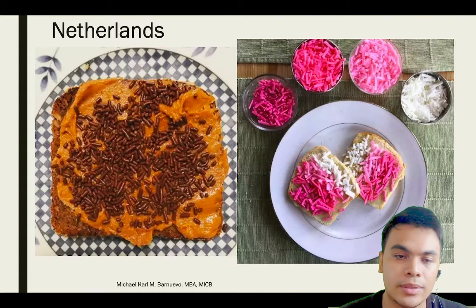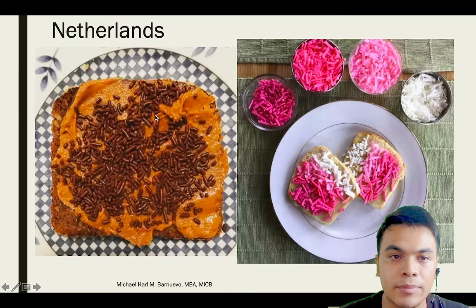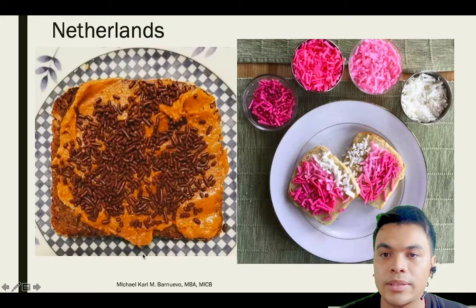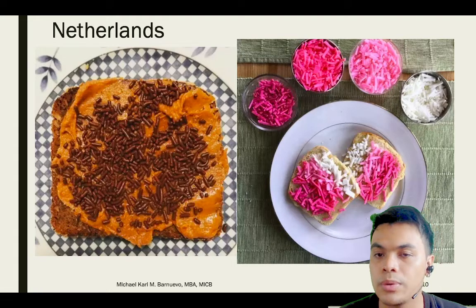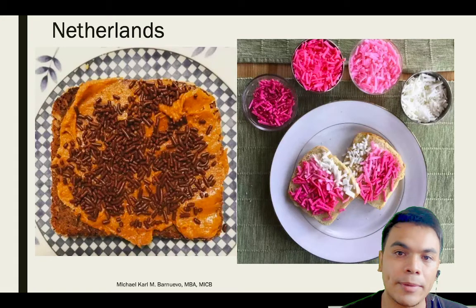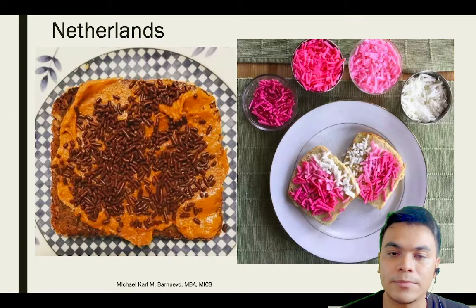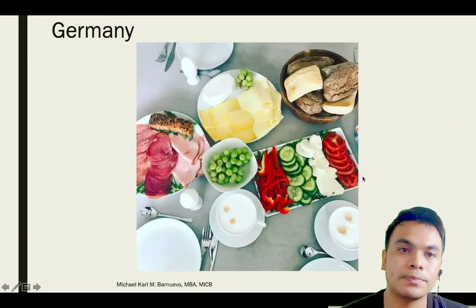It's a bit sweet, a slice of bread with peanut butter and sweet toppings. It's all about sugar. Of course, the Netherlands is very cold, so sugar will really help build up heat in the body. So this is their food.